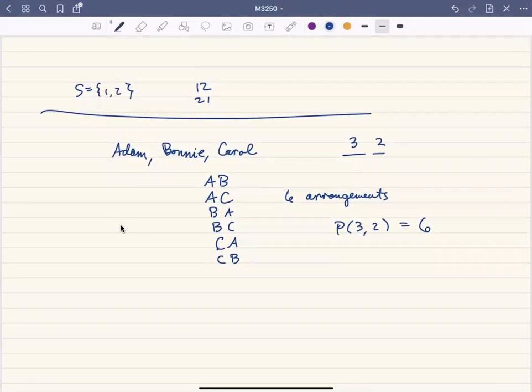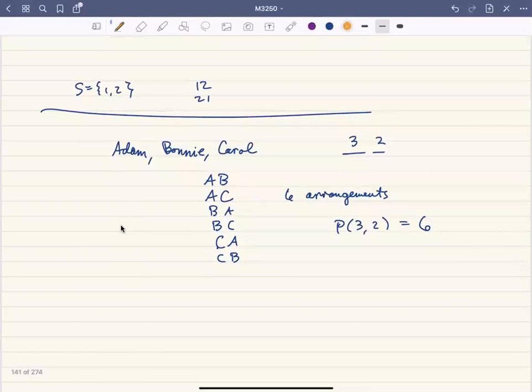Now, what I want to do instead, when we're talking about combinations, we don't care about the order in which they're arranged. We want to know how many ways are there to pick 2 people from a set of 3. So in other words, you can think about this as you start with 3 people. How many ways are there to pick a team of 2 people from that set of 3? And so what we're going to do is notice that Adam and Bonnie and Bonnie and Adam are the same team. So I'm going to cross off the Bonnie and Adam team. And likewise, Adam and Carol and Carol and Adam are the same team.